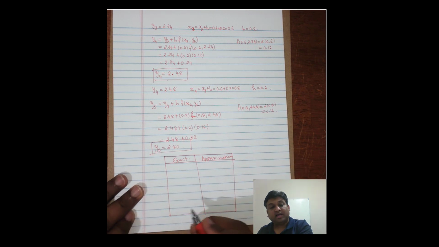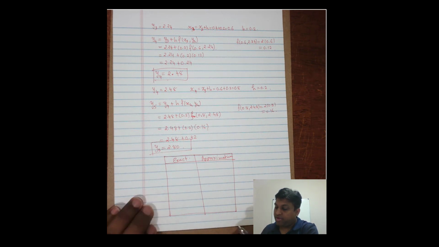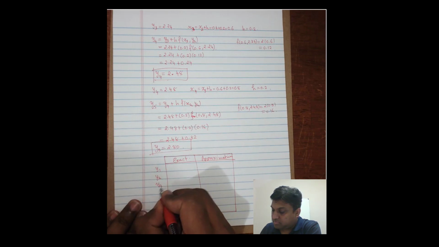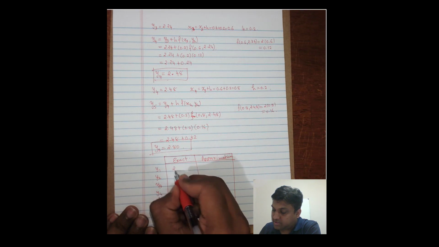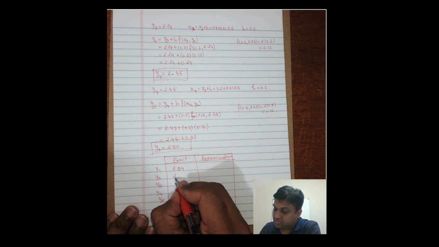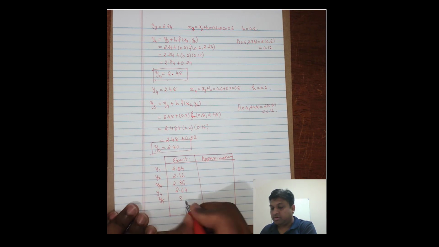Remember, we calculated values of our solution at 0.2, 0.4, 0.6, 0.8 and 1.0, right? These were the numbers. The first exact solution was 2.04. The second exact solution was 2.16. This was 2.36, 2.64 and then 3, right?